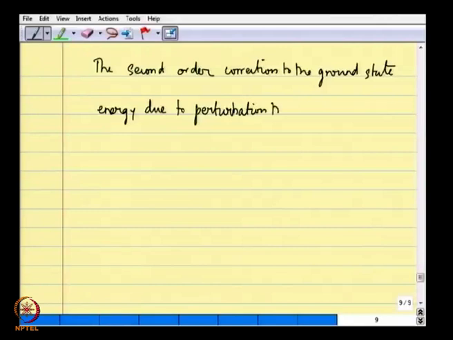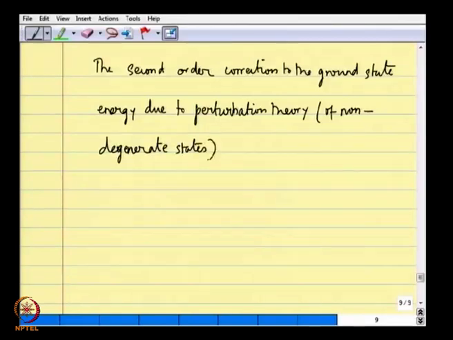We are looking specifically here at non-degenerate states, but let me not worry about that. The second order correction to the ground state energy due to perturbation theory is predicted to be negative. Okay, it's a general result.